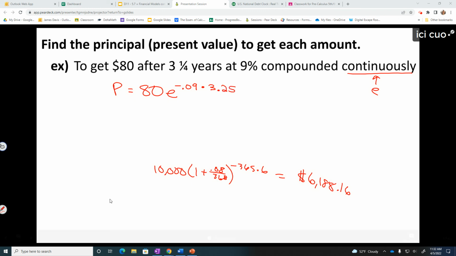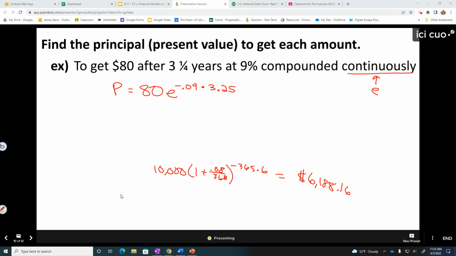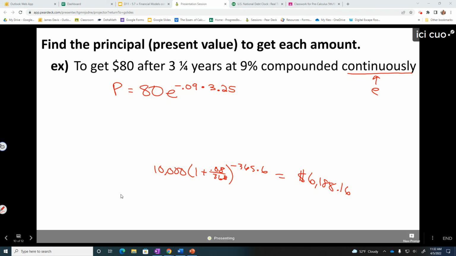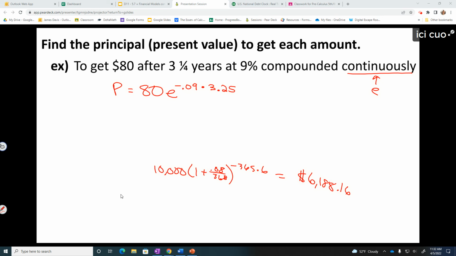And then all of that goes in your calculator the same way we did before. 80, and then you get the second natural log to get your E. And we got $59.